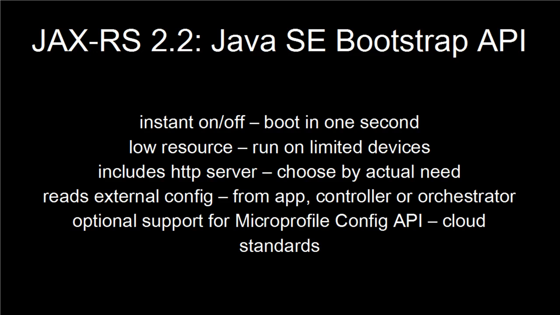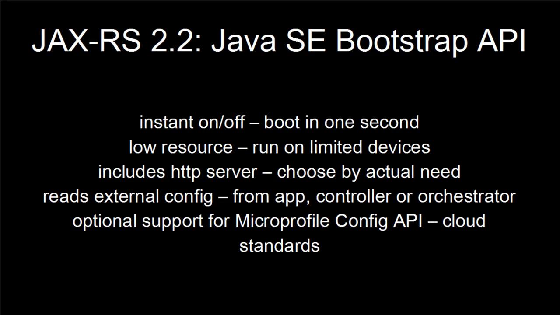The main features that this API provides for you is that, depending on the actual implementation, you have more or less instant on-off, which means your application will boot and shut down in 1 second or possibly less than a second, which is really great compared to application servers.